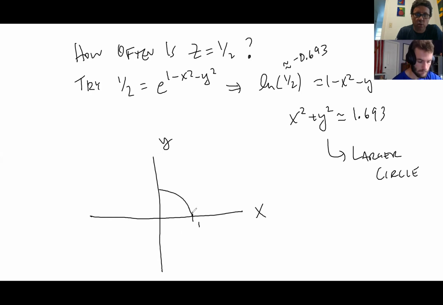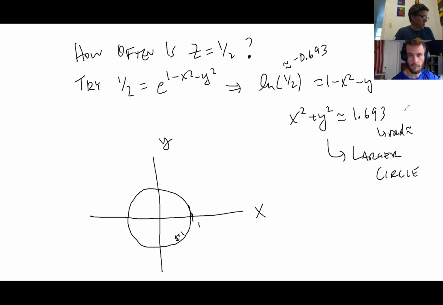They'll draw a circle. Here's our first one, and they'll write z equals 1 next to that circle to remind you that if you're looking at a mountain, you will then come 1 unit up. How about this one? Well, what's the radius of this circle?